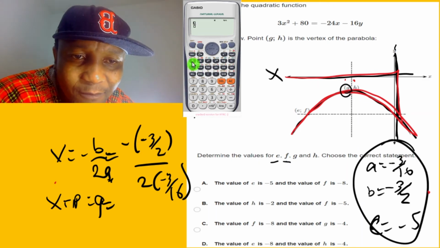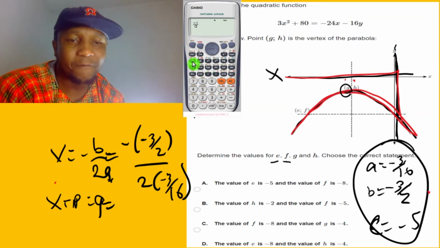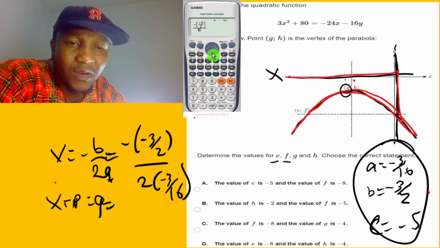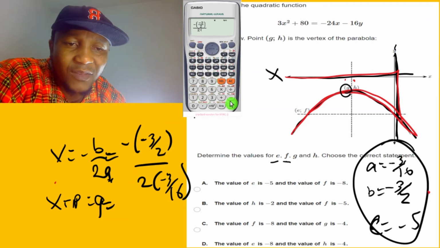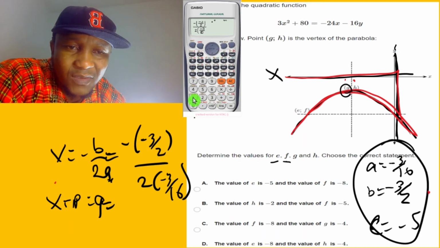So fraction, we go negative, and then bracket, fraction, -3 over 2, close, then 2 times -3 over 16, and close.